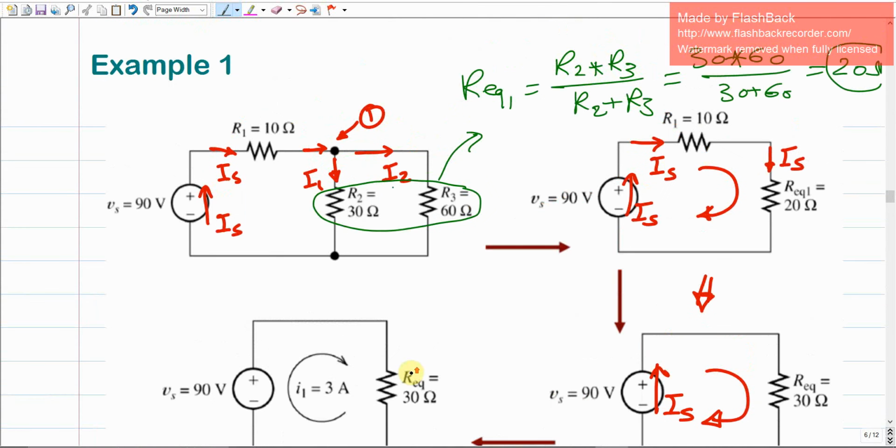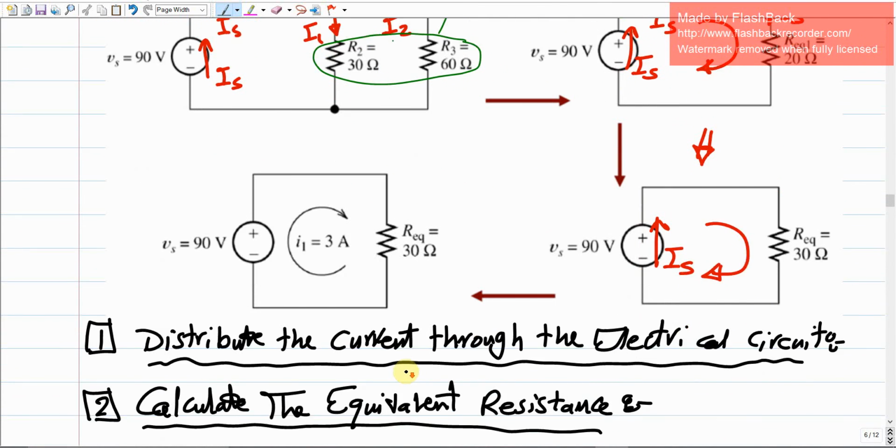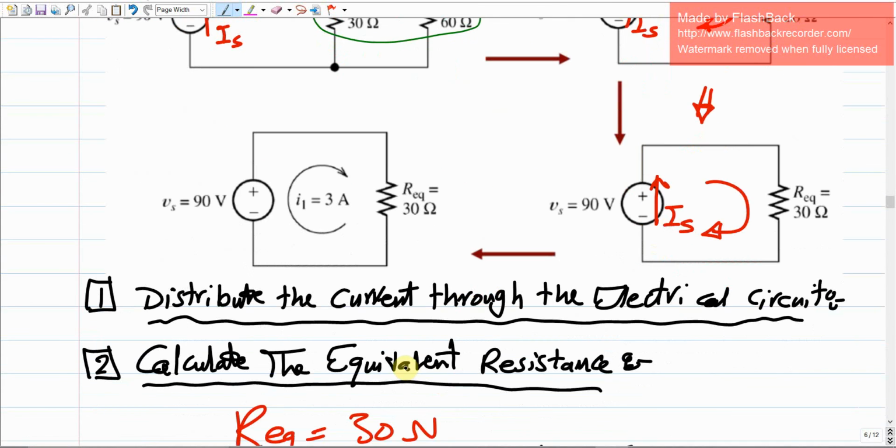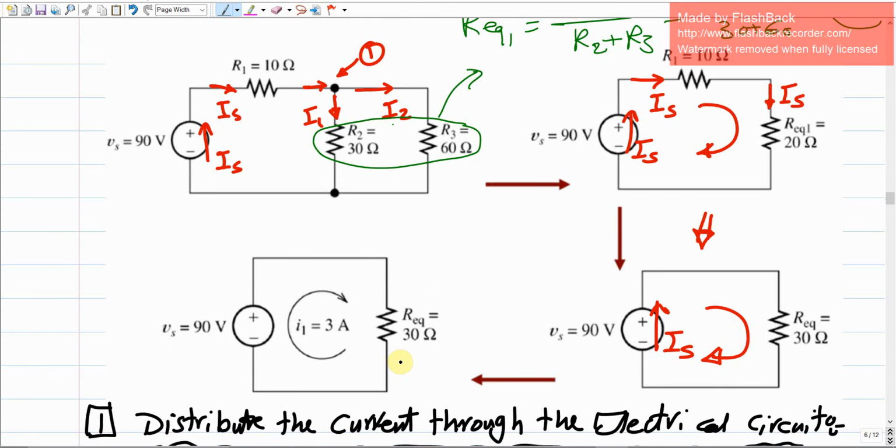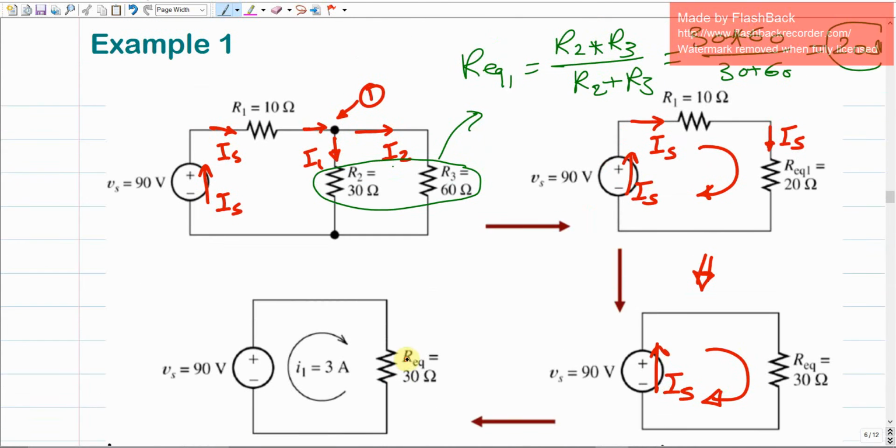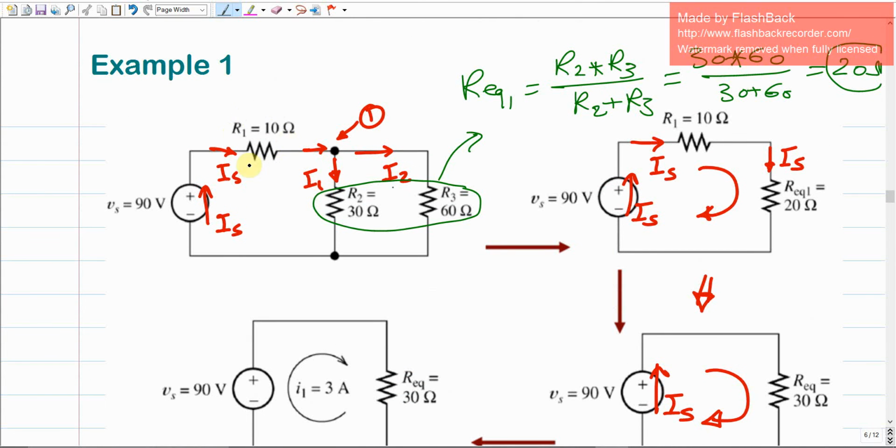Let us assume that it is required for this electrical circuit to check whether the overall power is conserved, as we did before. What does it mean? It means that we have to calculate the power over R1, the power over R2, the power over R3. To calculate the power over all of these different resistors, we have to find the current over each one of them.